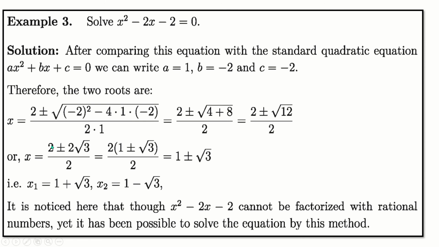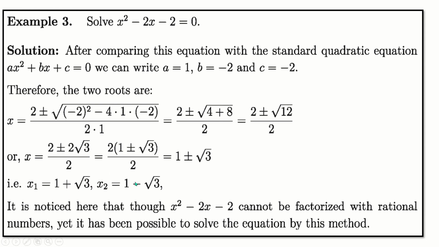So now follow here: (2 ± 2√3)/2. We can take common 2, so here will be 2 into (1 ± √3) over 2. Cutting 2, here will be 1 ± √3. You can write 1 + √3, 1 − √3. That means condition number 2: discriminant greater than 0 and not a perfect square number, so the roots will be real, unequal and irrational.